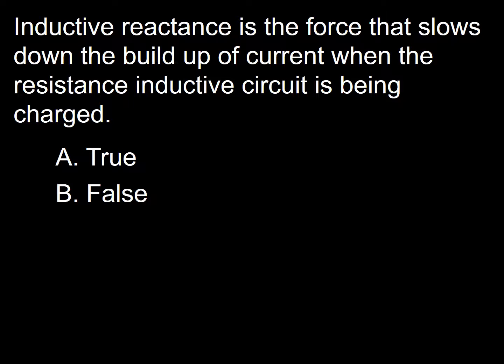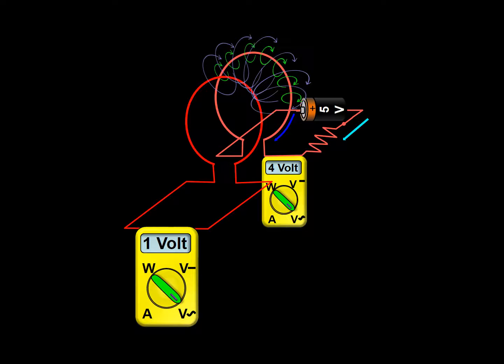Next question. Inductive reactance is the force that slows down the buildup of current when a resistor inductor circuit is being charged. A true, B false. I hope you remember this figure from a few minutes ago.